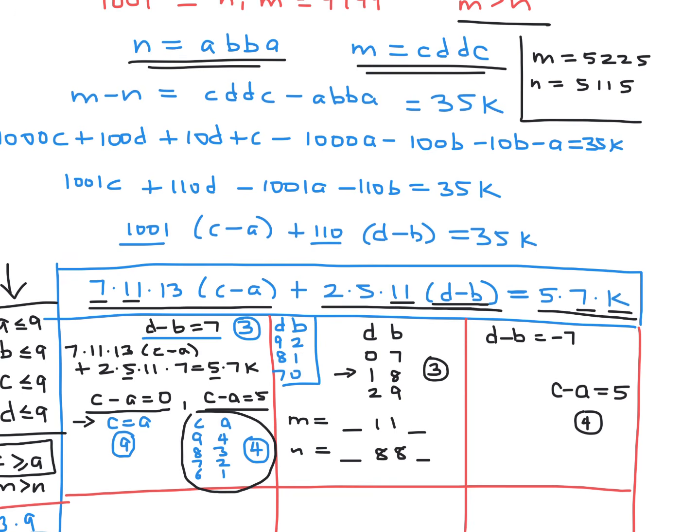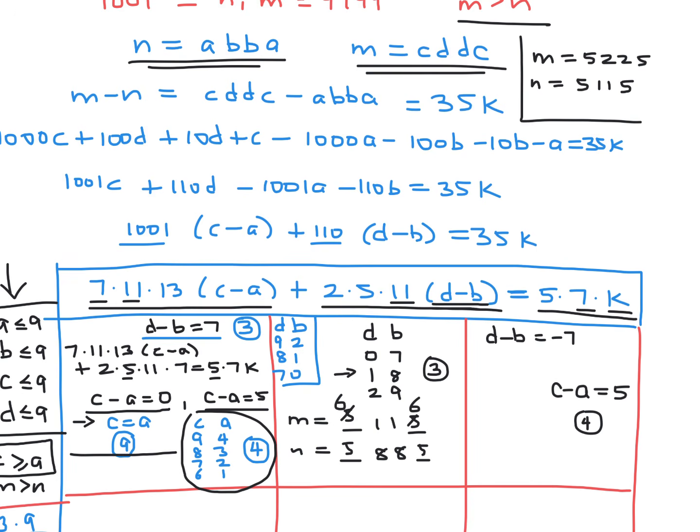Now m is greater than n, so they could never be equal in that case. For example, if this was 5 and this is also 5, then m is no longer going to be greater than n. You see what I'm saying? So this would have to be, for example, 6, and that would have to be 6.